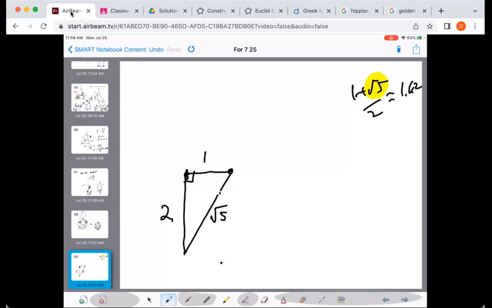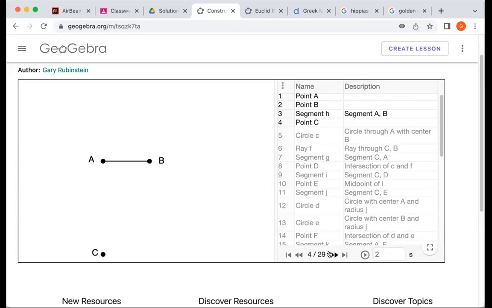So if I just make a segment of length 1 and make a segment of length 2 and make them at right angles to each other, and I just connect their endpoints, I've got a nice square root of 5. So that's really getting closer to 1 plus square root of 5 over 2.